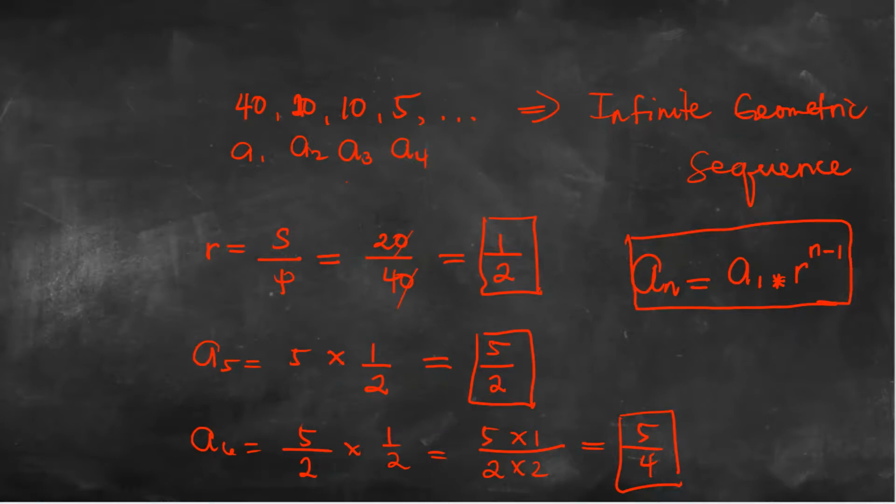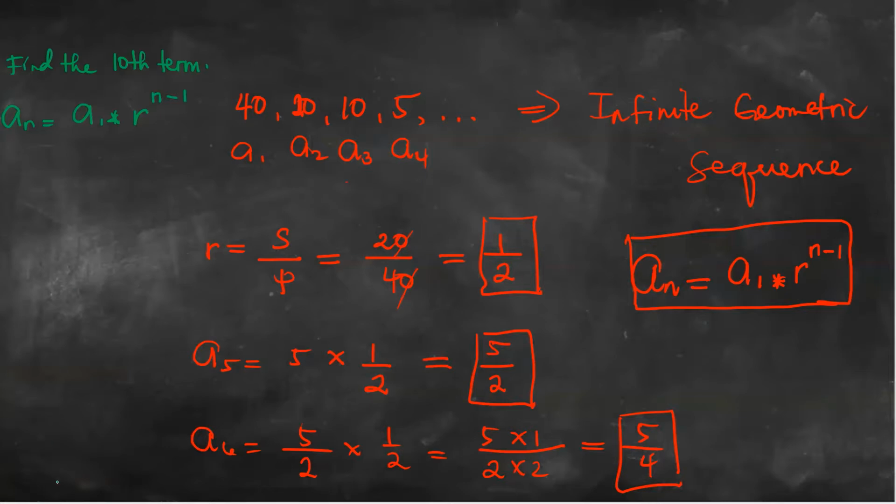Let's say, for example, we want to look for the 10th term of this given geometric sequence. Let me just put it here. So here, find the 10th term. We will just use the formula again. The formula is A sub n is equal to A sub 1 times the common ratio raised to n minus 1.